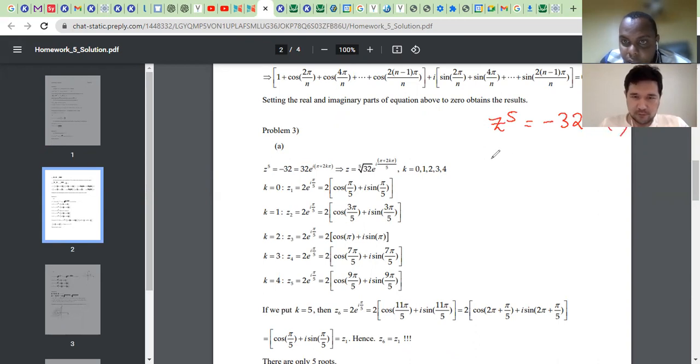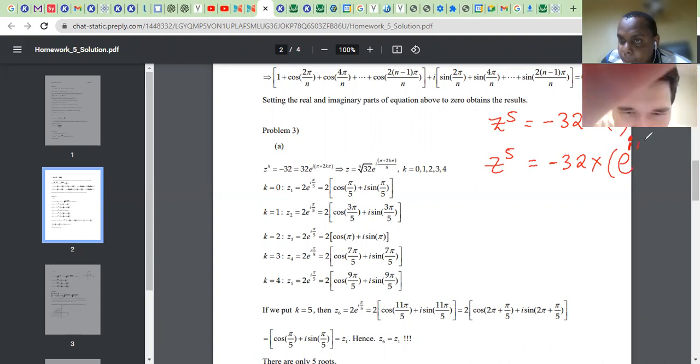And then z^5 equals negative 32 times e to the i. But I don't understand why he put i. It should be i theta, right? Oh no, it's i pi.